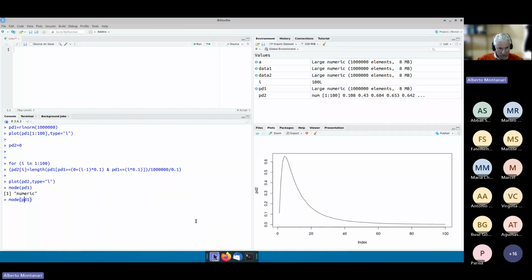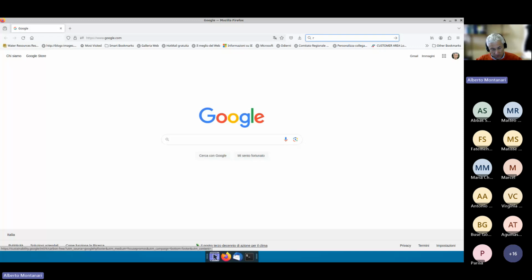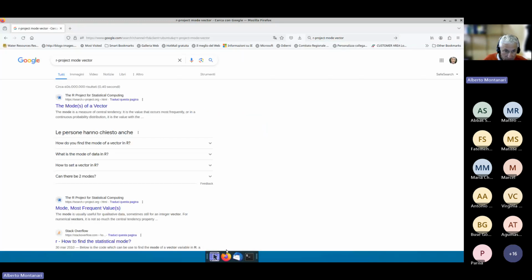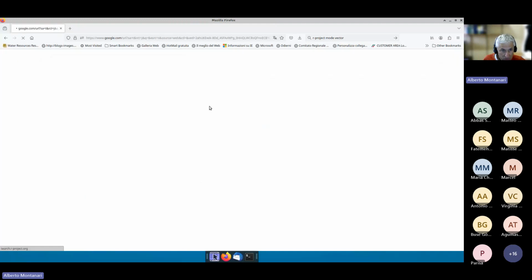Let me just check what the name of the function is. Mode of a vector. Okay, let's see what the instruction is.